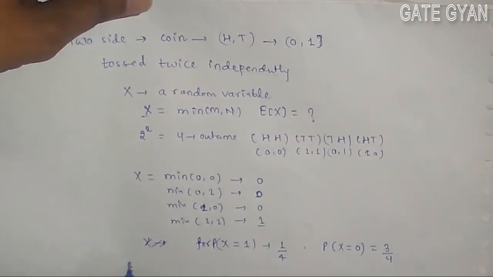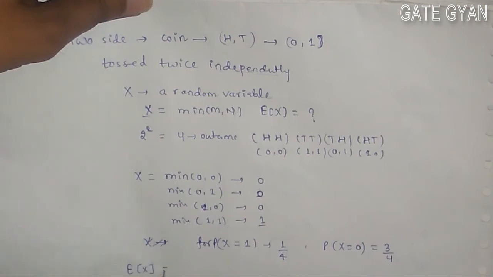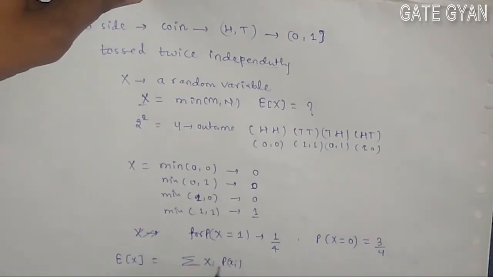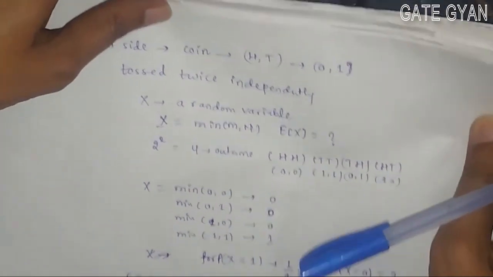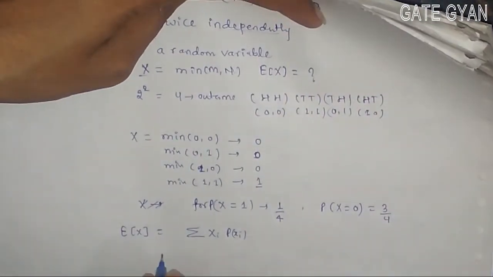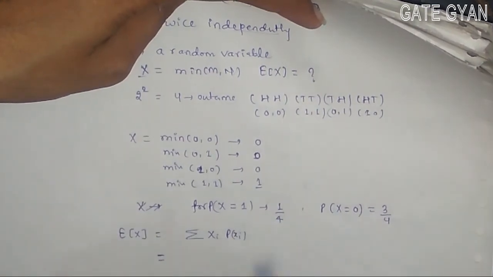So now our mean, E of x, is going to be summation of xi into P of xi. So here we have two outcomes, 1 and 0.